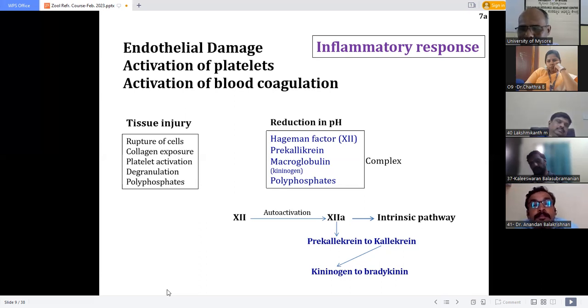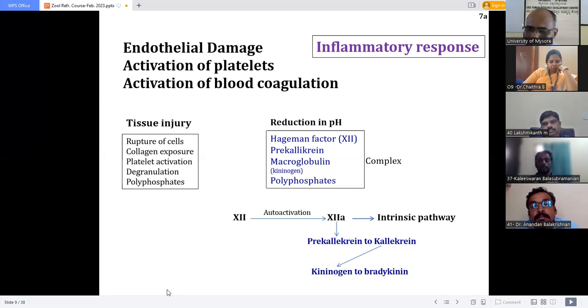it gives a negative charge, and that helps in the activation of blood coagulation. The intrinsic pathway is activated basically, and that needs a negative charge for the activation. And this is where the polyphosphates contribute. In addition, the activated platelets exhibit phosphatidylserine on the outer surface.